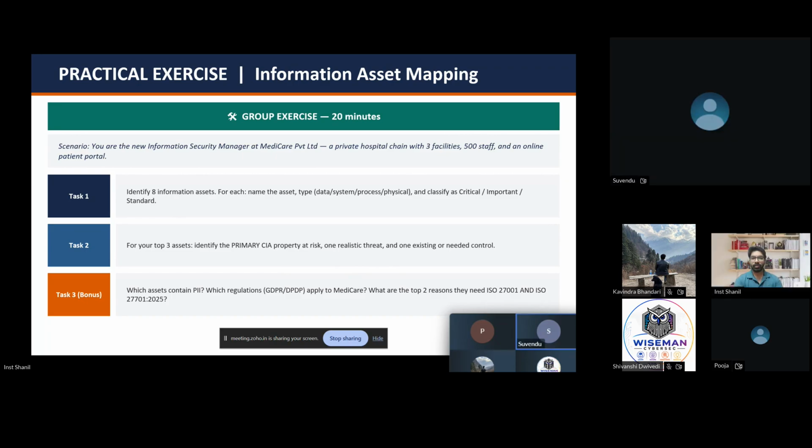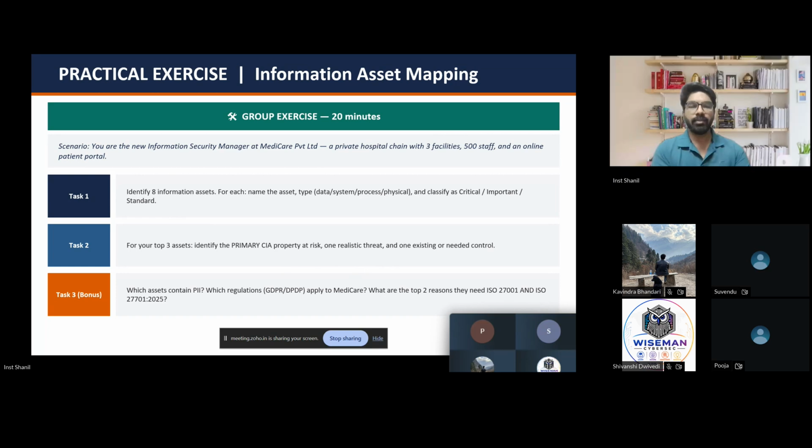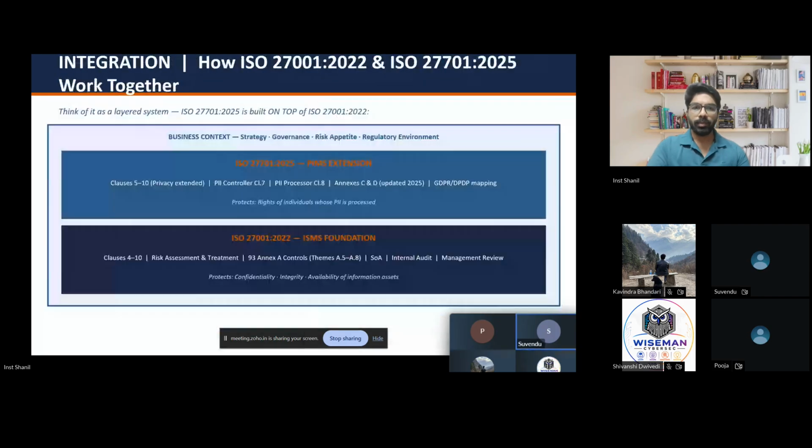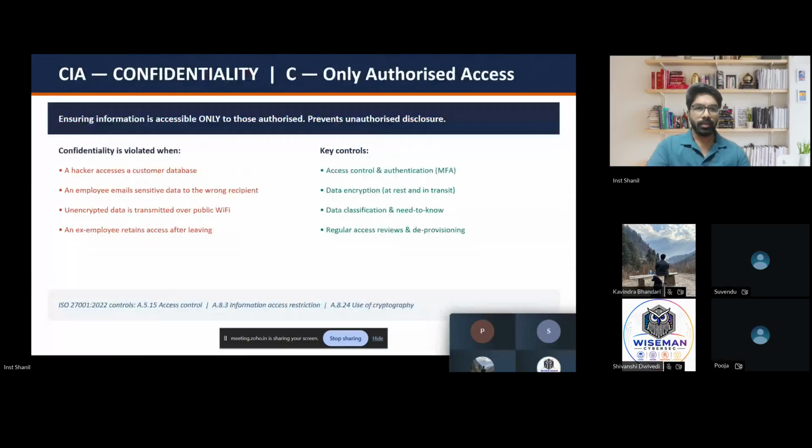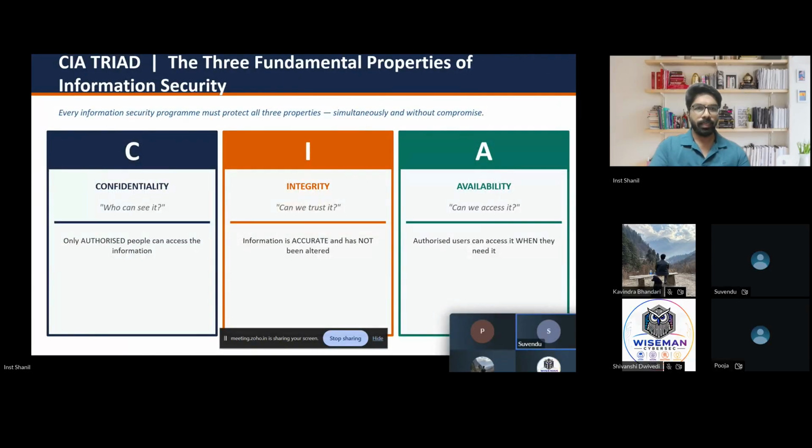Integrity is basically whatever data is there, whether we can trust it or not, whether the data is accurate or not. Let me go back to the slide. Confidentiality: only authorized people can access the information.